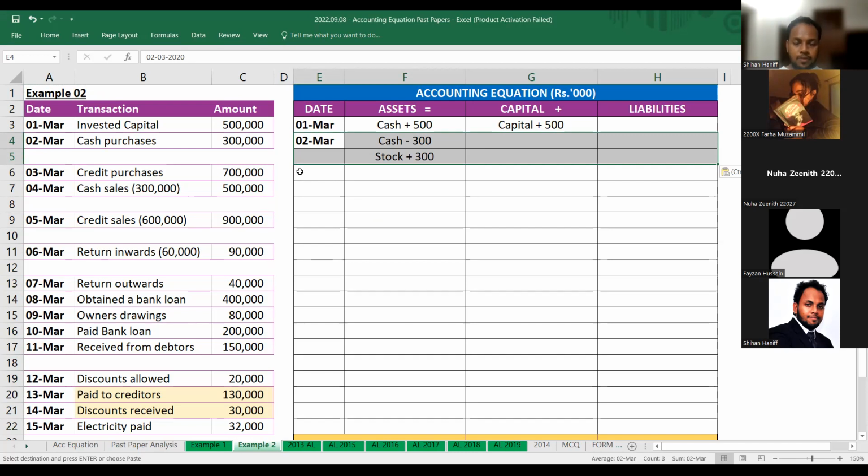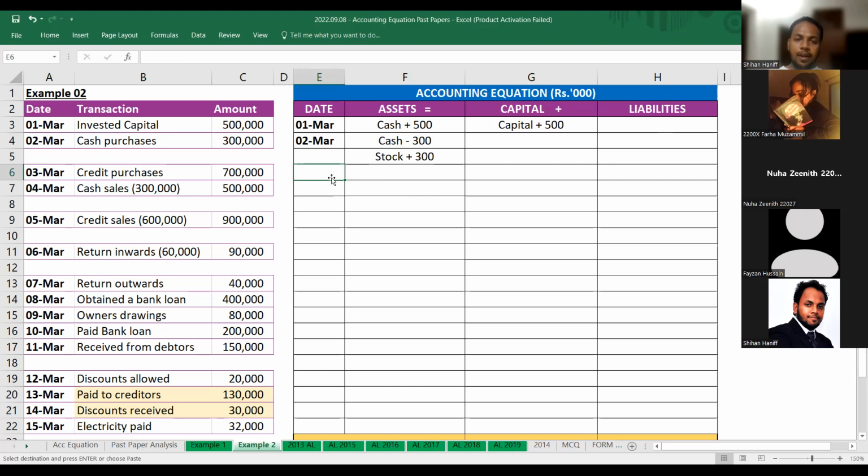Credit purchases. Now, this is purchasing on credit. If we are purchasing on credit, then what happens? We get the stock, but we don't pay cash, right? But we have to pay that money later.